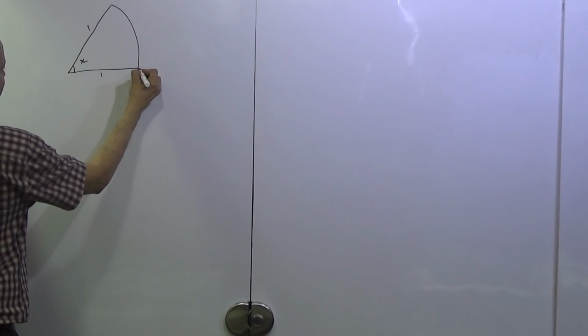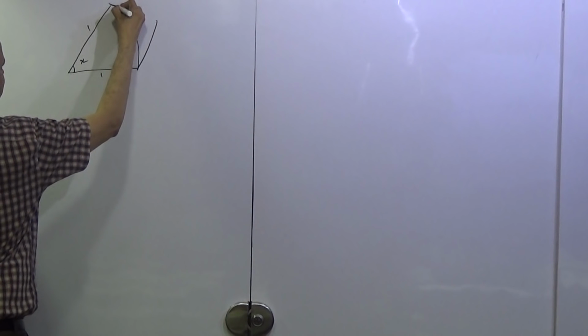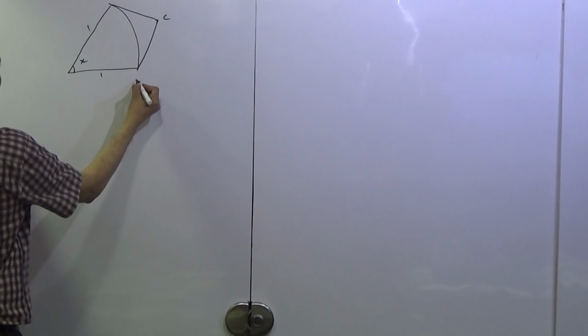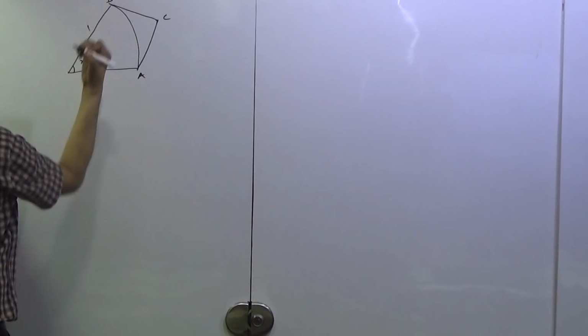And it is given that we are drawing tangents here and these tangents are meeting at a point C. These are points A and B.